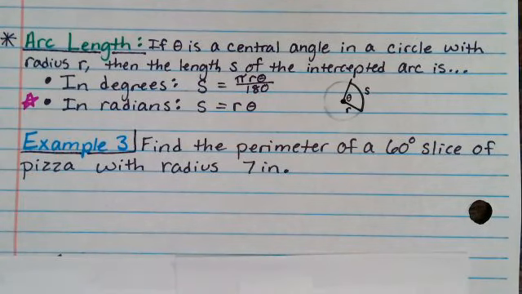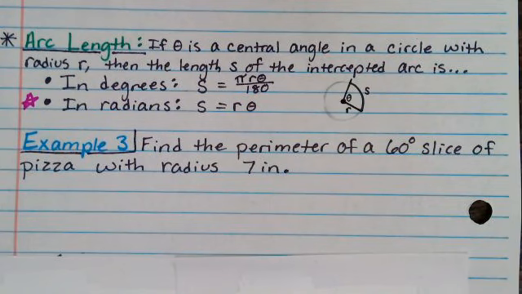Okay, so arc length. You may remember calculating arc length from geometry. There were two different types of things that you could measure. There was arc length and arc measure. Now, arc measure talked about the corresponding angle measure for that central angle. And that's not exactly what we're doing here.